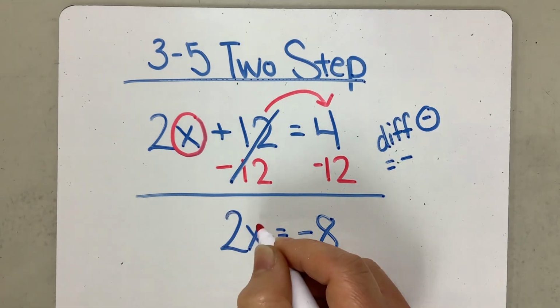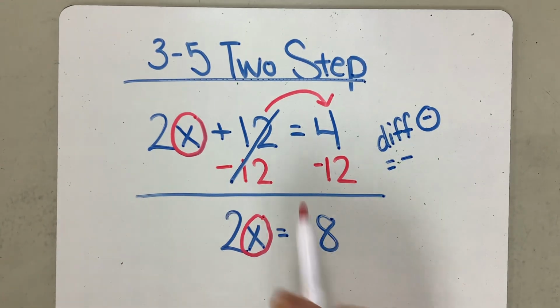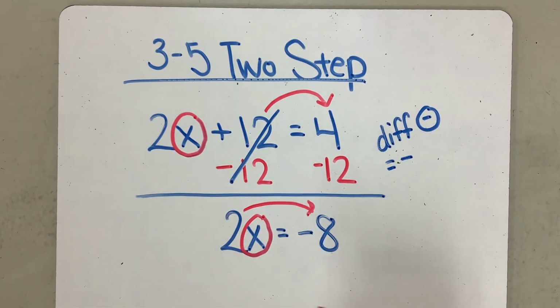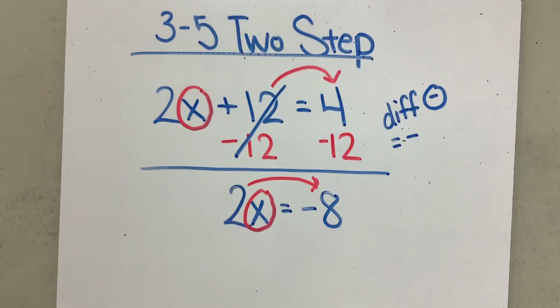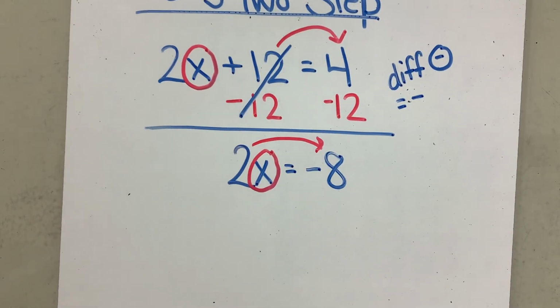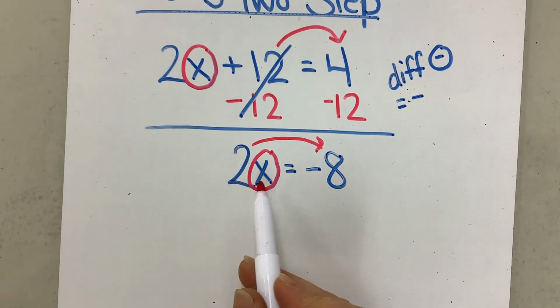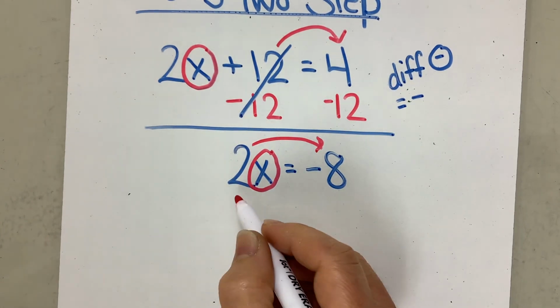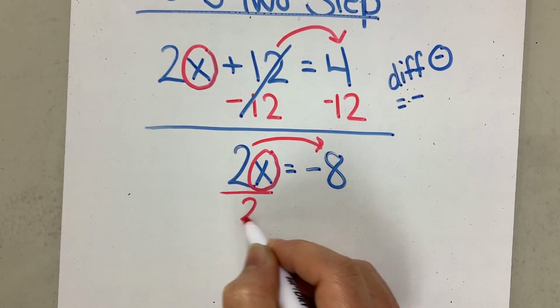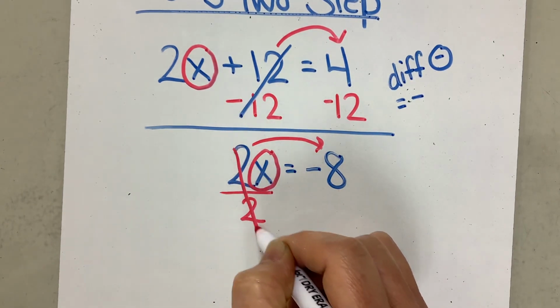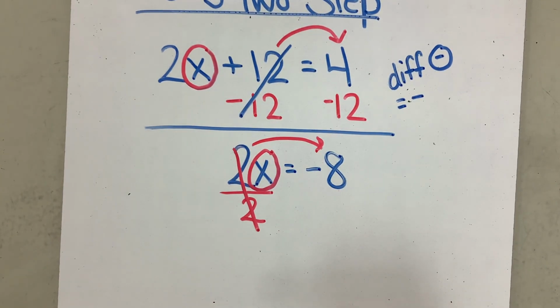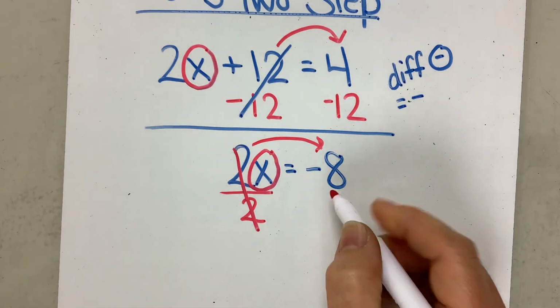Now, again, we want to get x alone. We have to get 2 to the other side. And to do that, we have to do the inverse operation. This says 2 times x, so the opposite is to divide by that 2. There's that cross out, right? Because 2 divided by 2 is 1.